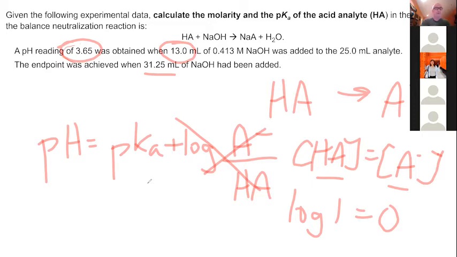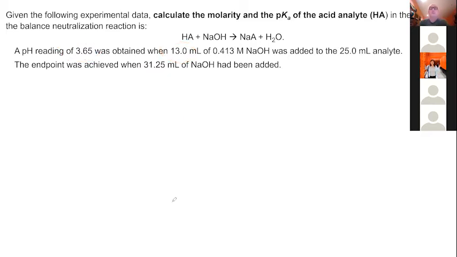So what we're going to have to do is actually calculate our amount of conjugate base and our amount of weak acid. So how are we going to do that? How do we figure out how much conjugate base and acid we have at this point?